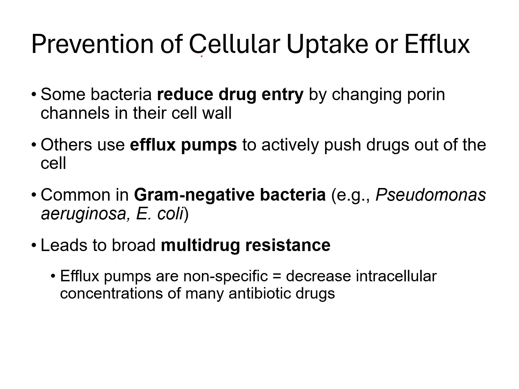Some microbes can prevent the drug from entering the cell or simply push the drug out. So that strategy is either to block entry or again pump the drugs out. Gram-negative bacteria can change their porin channels to reduce uptake, or they can use efflux pumps to actively remove many different types of drugs. And because these pumps are nonspecific, they can lead to multi-drug resistance, where the bacteria will survive multiple antibiotic classes.